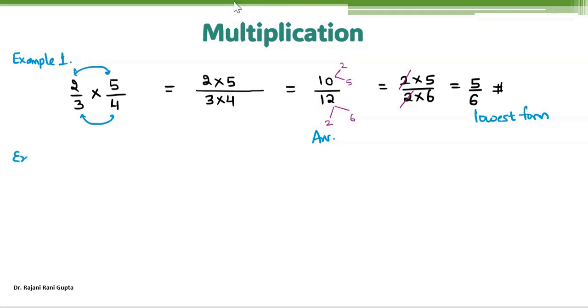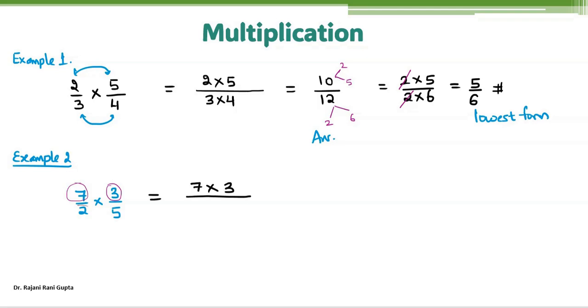Let's take another example of multiplication. Suppose you have 7 over 2 multiplied with 3 over 5. Again we will have a fractional number. We take the numerators 7 and 3 and multiply them together, 7 times 3.